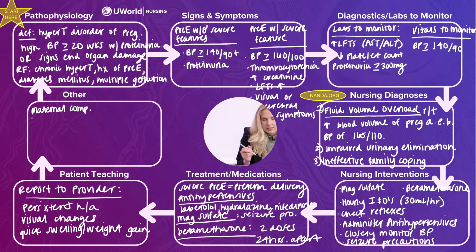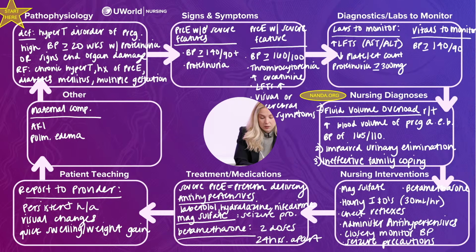Alrighty, so things we can see caused by preeclampsia include AKI, or acute kidney injury. We can see pulmonary edema occur. These clients are at risk for ischemic stroke, those high BPs. We can have liver failure or liver rupture.